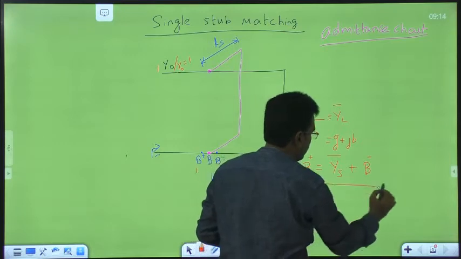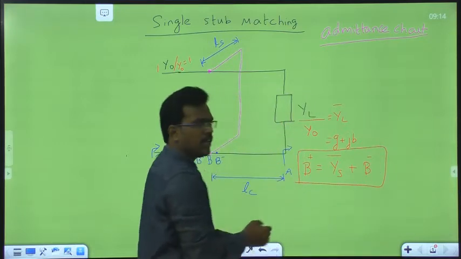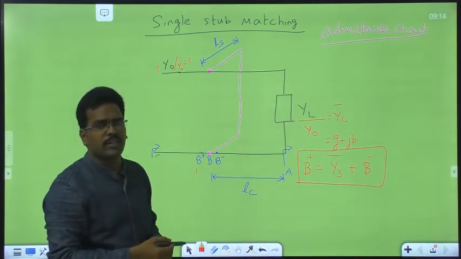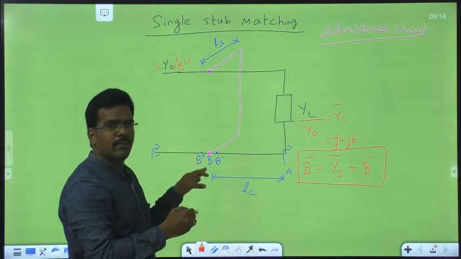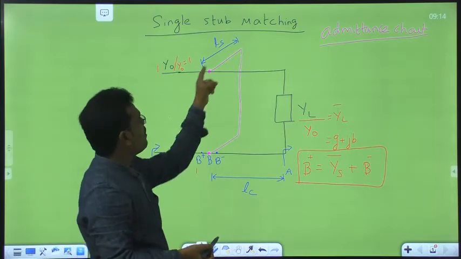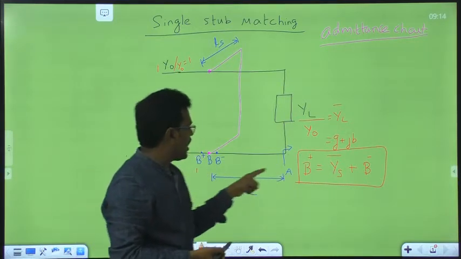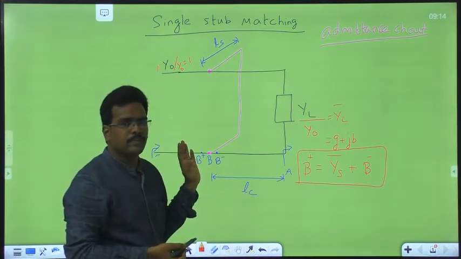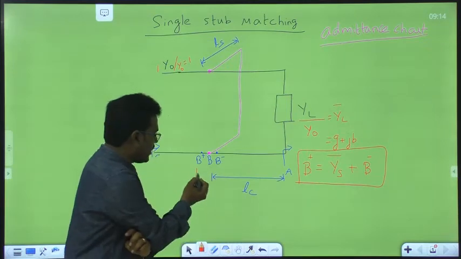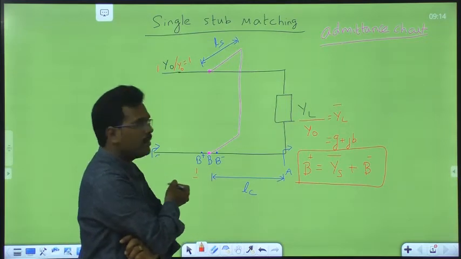This is the point you have to note: when two admittances are parallel, you have to add the admittances. So the admittance at B plus is equal to the normalized stub admittance plus the admittance at B minus point. Now I have to get 1 here. How to get 1 here?